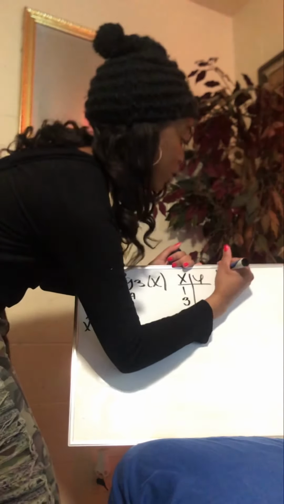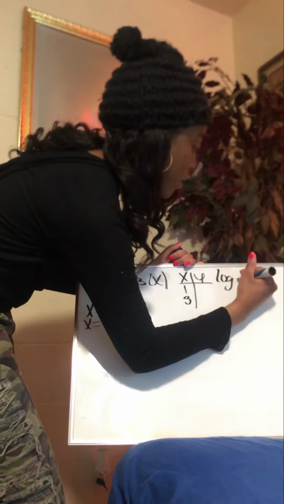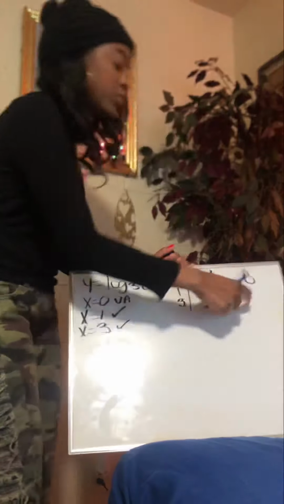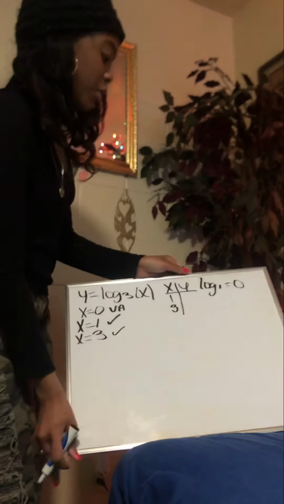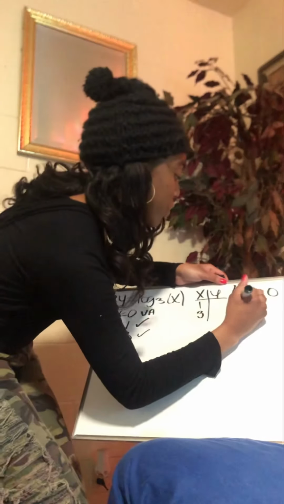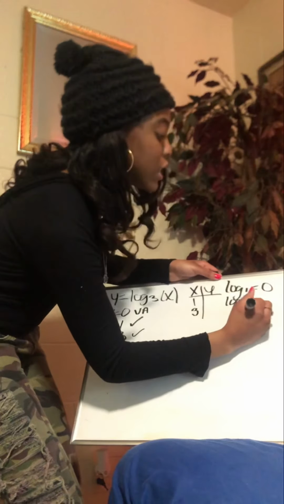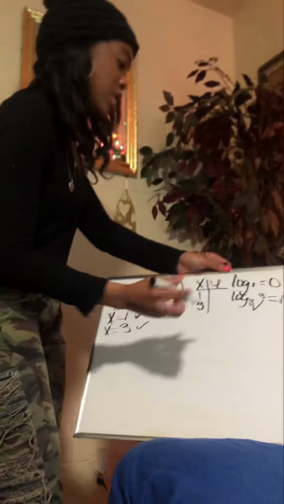When you set a log base of 1, that's going to automatically equal 0. And when you have log base of 3 raised to the 3, if these two numbers are the same, that's going to automatically equal 1. So go ahead and put the 0 and the 1 right there.